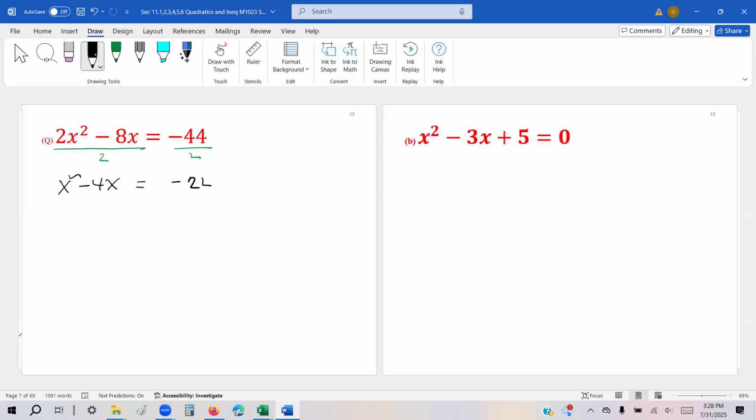This one becomes that. Just like the square root of negative 1, square root of 4 minus 22. Yeah, we divided by 2.